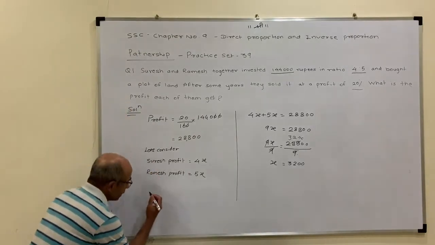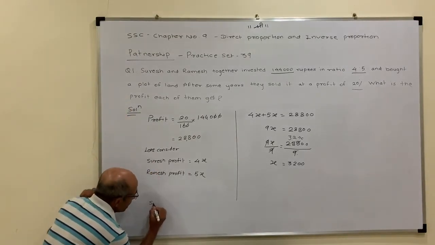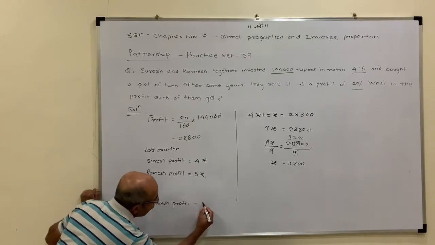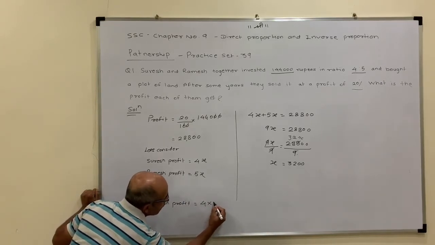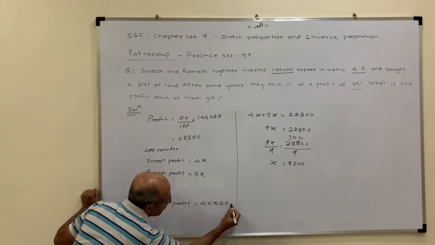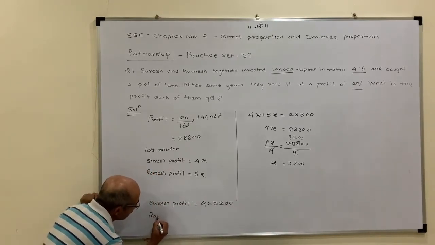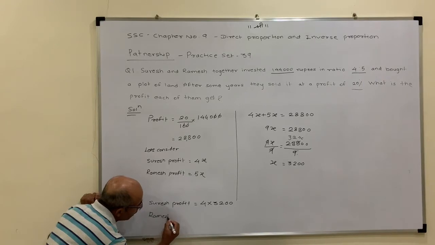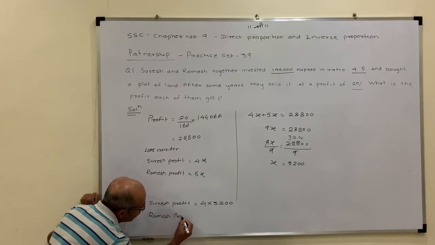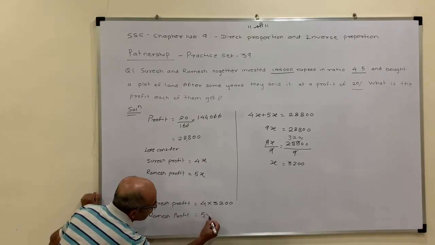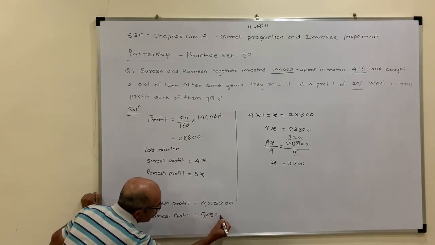Now my answer will be Suresh's profit equals 4 into 3,200 and Ramesh's profit equals 5 into 3,200.